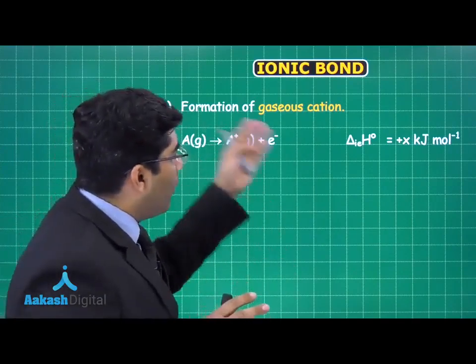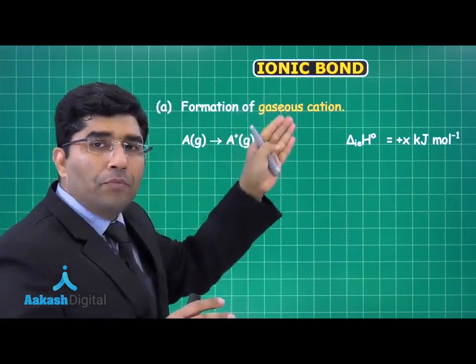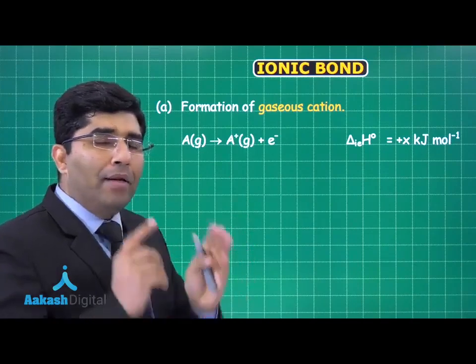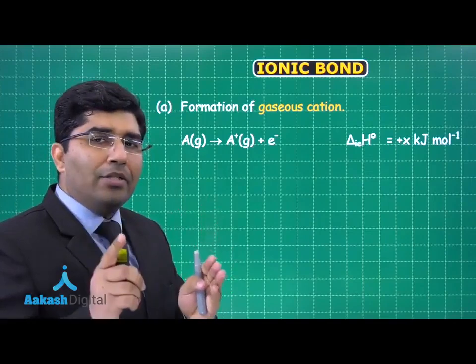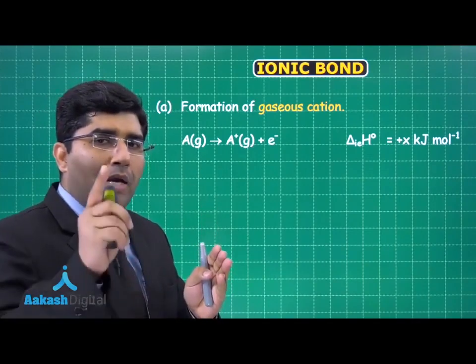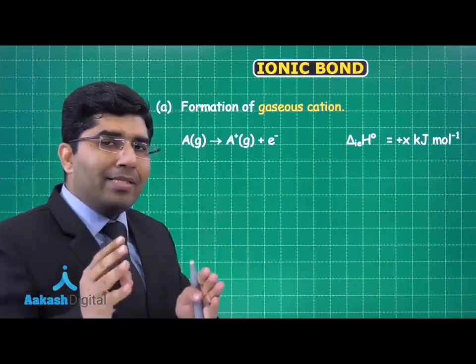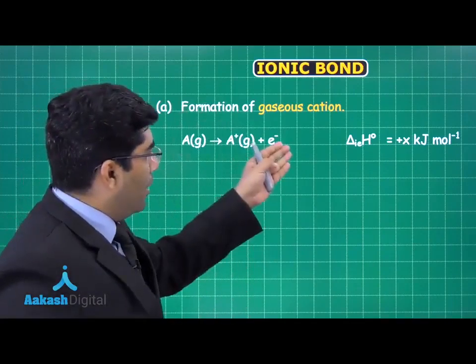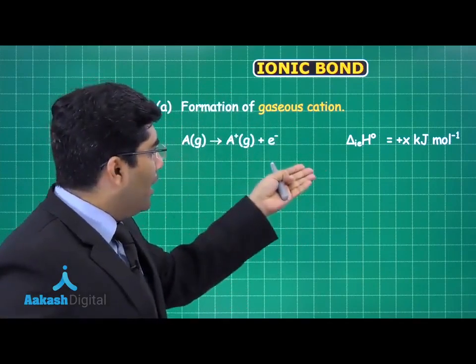So we have to provide some energy so that the metal loses the electron, right? This happens in the gaseous state, and the energy required to remove the electron from its outermost shell in the gaseous state is called ionization energy, and that is plus X kilojoule per mole we are considering here.